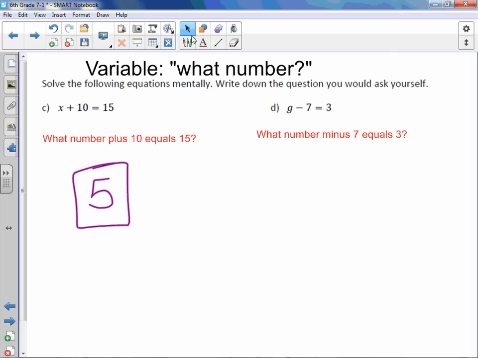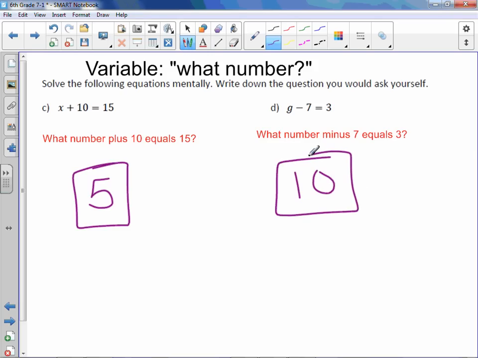Well, does 12 minus 7 equal 3? No, that equals 5. Okay, so let's go lower. 8 minus 7? Nope, that equals 1. But 10 minus 7 equals 3. So 10 is our solution. Make sure you're writing down the question.